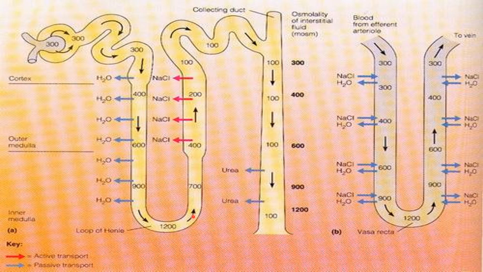Let's suppose some of the molecules have moved out from the thin portion of the ascending limb, and there are now 700 salt molecules remaining.